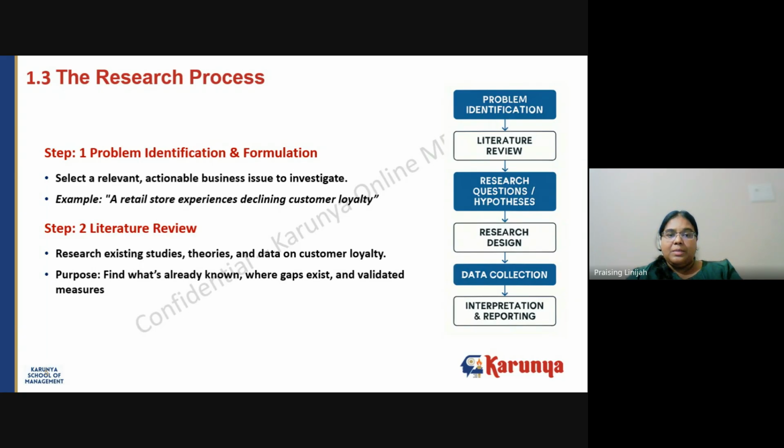The first step is clearly defining what the issue is in a market research process. What is the problem that has been identified, or what issue needs your attention? So, in the example which we are going to discuss, the loyalty index is dropping.